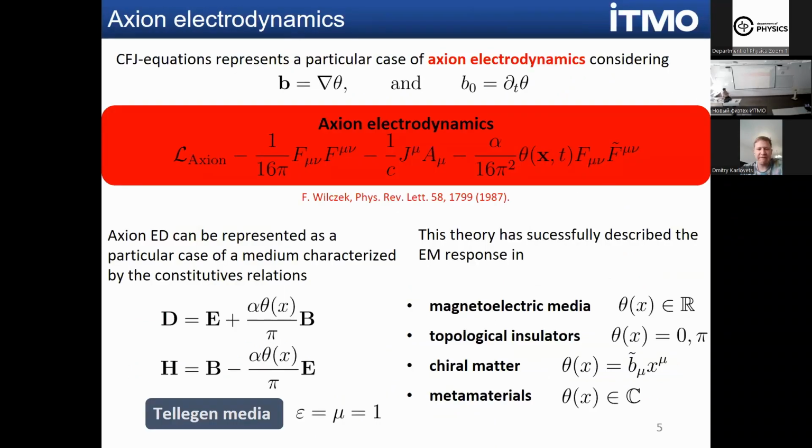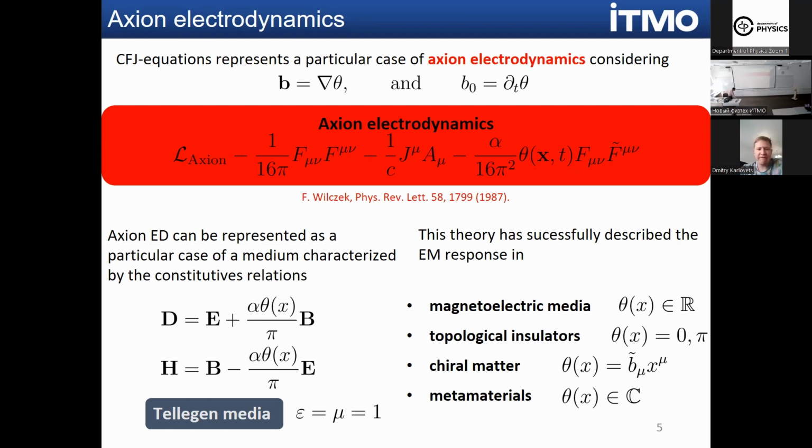So what happens if we try to write our constitutive relations with this theta, where theta is proportional to E times X? Yeah, you have, for example, H equals B, and D have a B0 component and a B vector component.